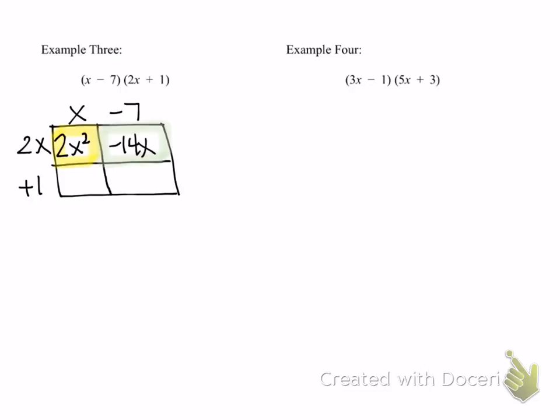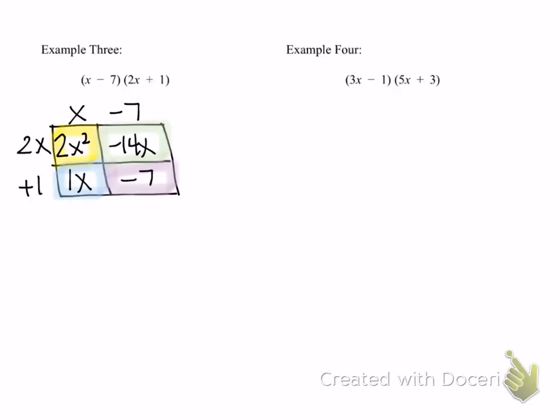Okay, the next box that I'm multiplying is this box here, which is x times 1, which is just 1x. And then lastly, I'm going to multiply this last box through, which is negative 7 times positive 1, which gives me a negative 7.